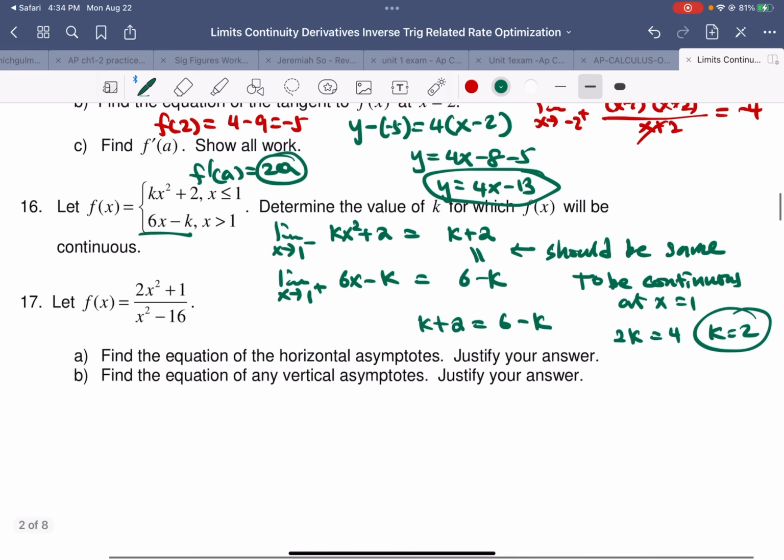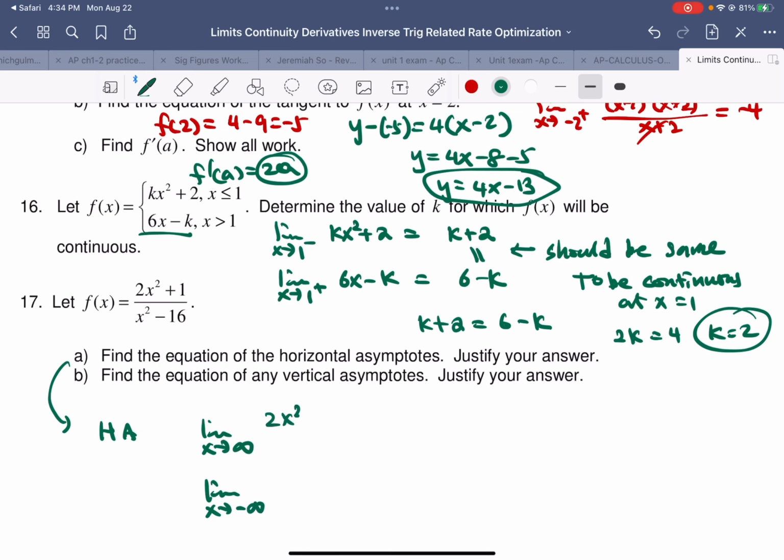Okay? And then the last one. Let f of x be (2x squared plus 1) over (x squared minus 16). Find the equation of the horizontal asymptote. You have to remember, to find the horizontal asymptote, you take the limit as x approaches infinity, and you also have to check x approaching negative infinity, both ways. So let's do that. 2x squared plus 1 over x squared minus 16.